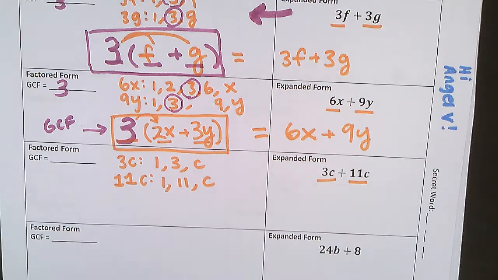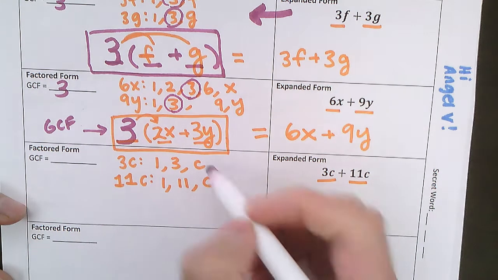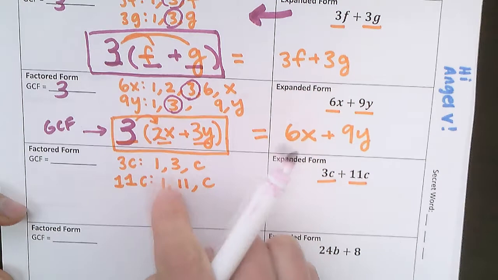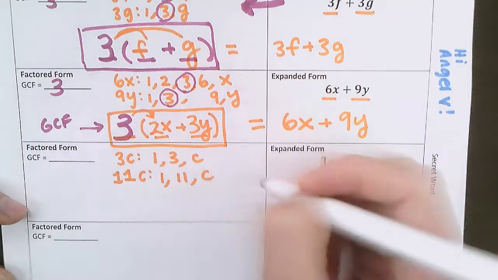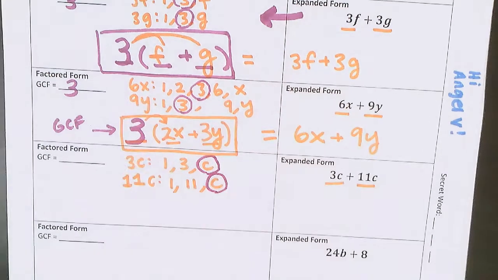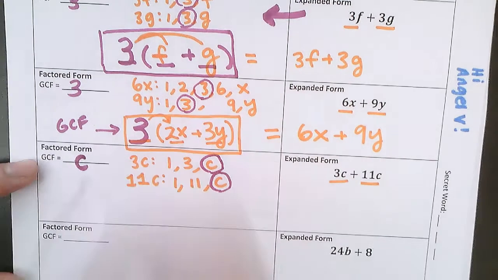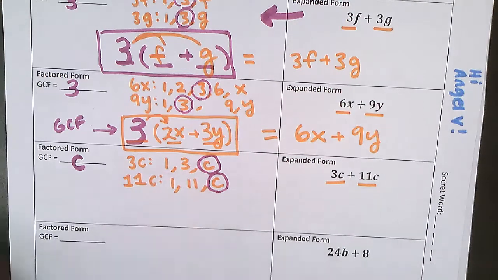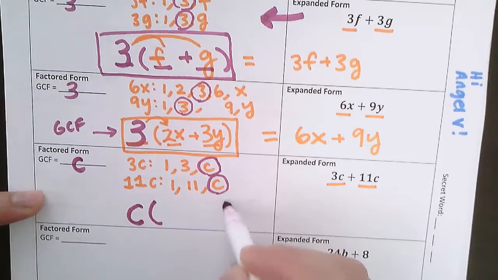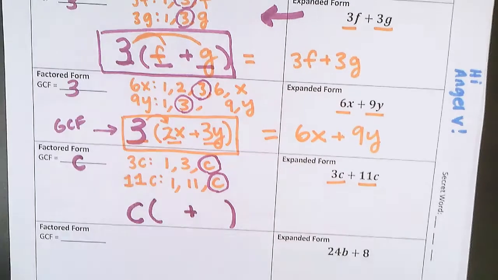So in this case, the greatest common factor is actually the variable, because there's 1, but then no bigger number than 1, so it's actually going to be c. c is the greatest common factor. So that means in factored form, we're going to have c on the outside, and then in parentheses, we figure out what goes in the blanks.